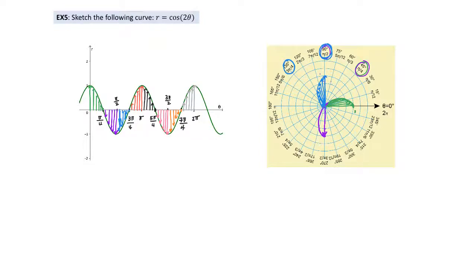However, I am going to have to now do a reflection. Remember, we were sketching from pi over 2 to 3 pi over 4. 3 pi over 4 is this ray right here reflected onto this. So these rays are going to be reflected in this part over here.